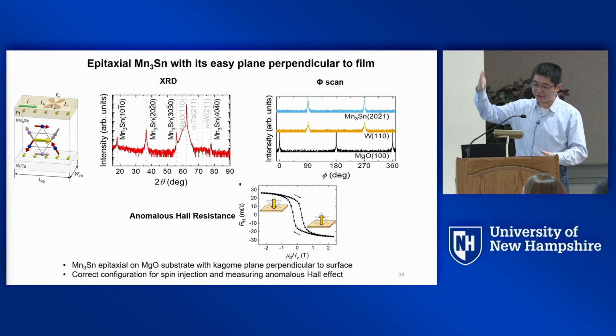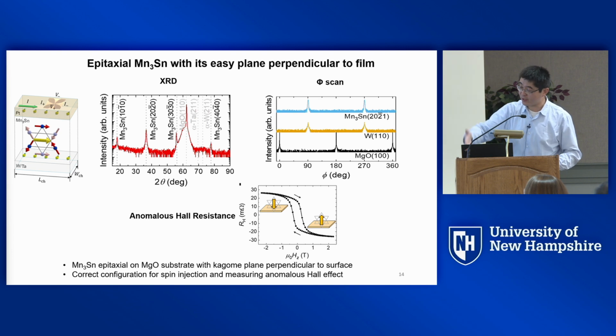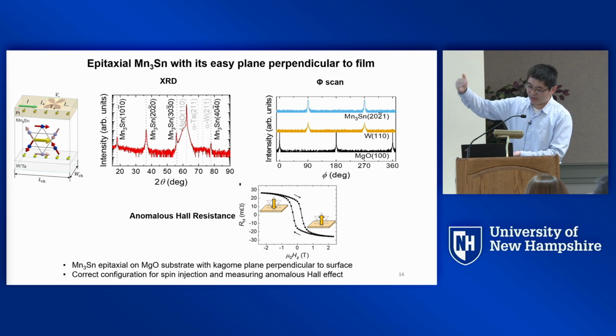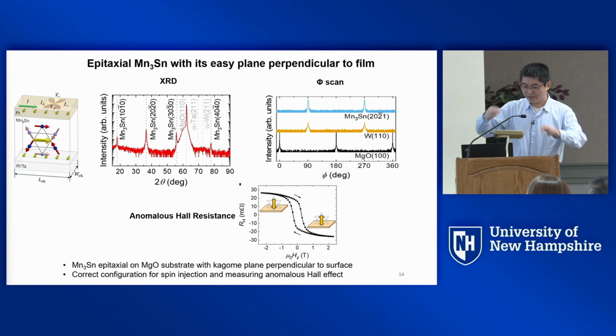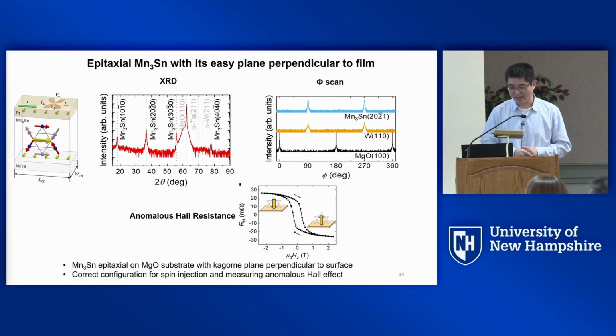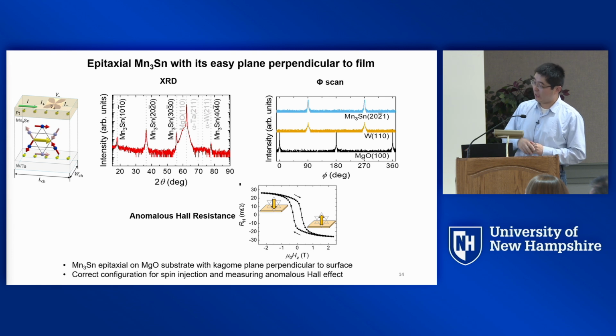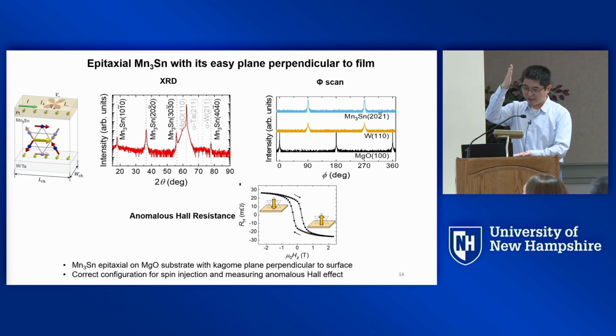That's the configuration where the Kagome plane, or the easy plane of spins, stands perpendicular to the film surface. Only in that configuration, your injected spins will be perpendicular to this easy plane and then rotate the three sublattices constructively.